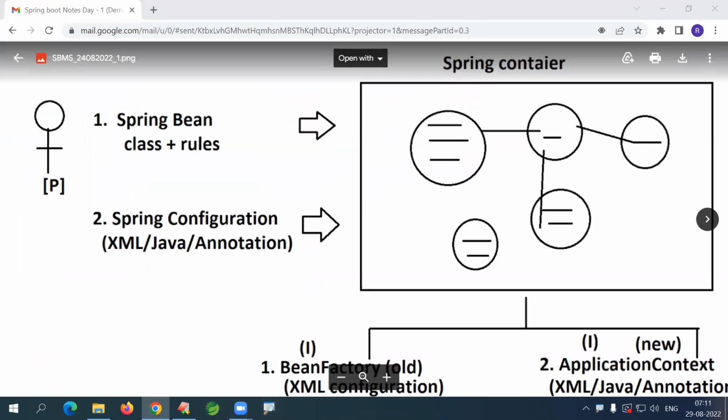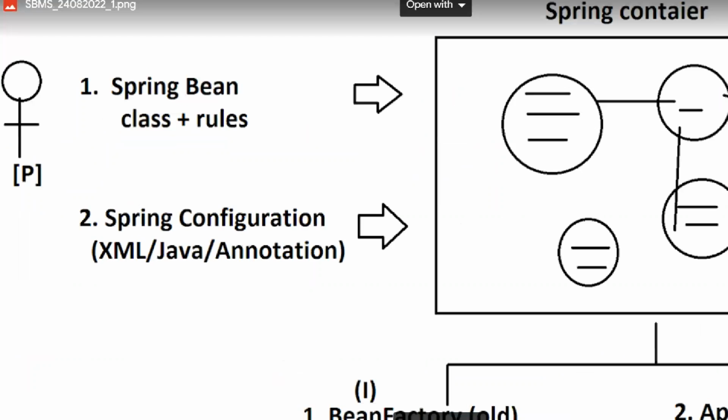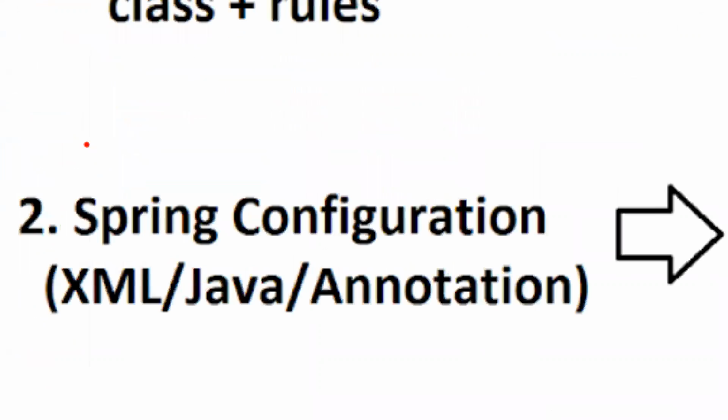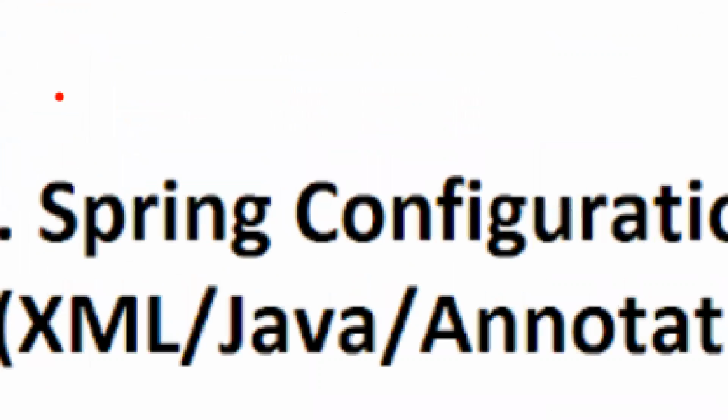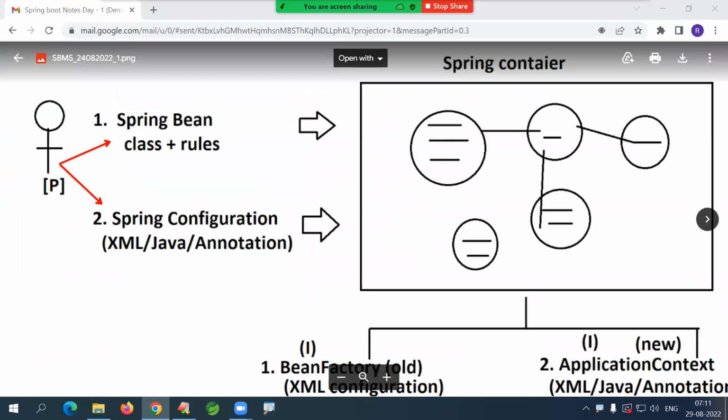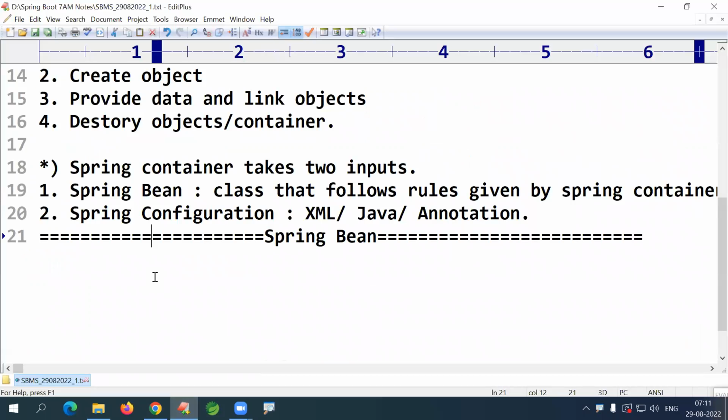If you look at these two, Spring Bean and Spring Configuration, both should be given by the programmer only. First, we are starting today with Spring Bean. So what is a Spring Bean? I mentioned it's a class. We are going to see some rules given by the Spring container.